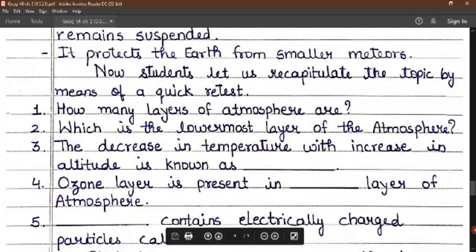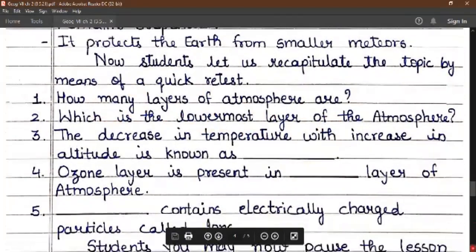Number 3, the decrease in temperature with increase in altitude is known as dash. Number 4, ozone layer is present in dash layer of atmosphere. Number 5, dash contains electrically charged particles called ions.